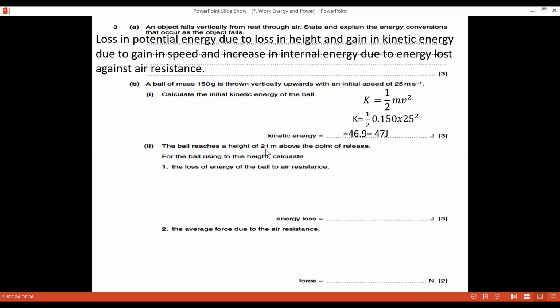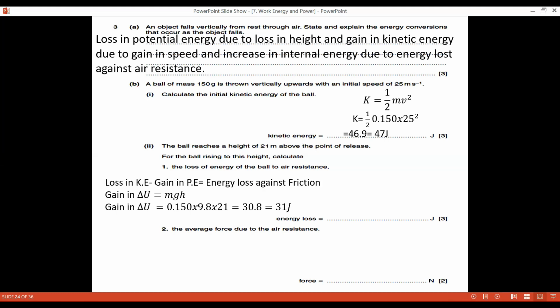So first of all, we have to find the value of potential energy, mgh. If there is no loss, then mgh should be equal to 47. But it comes out to be 31 joules. So that means 47 minus potential energy is the value of energy lost against friction. That means 47 minus 31. This much energy is lost against friction.